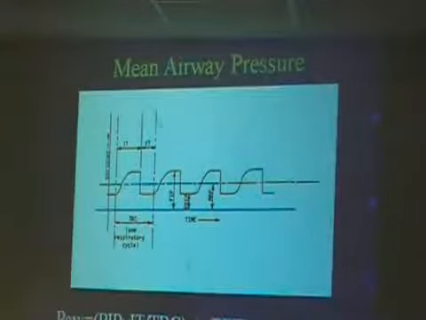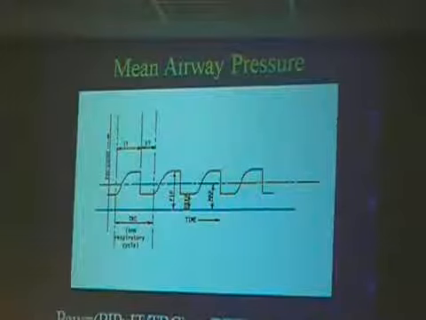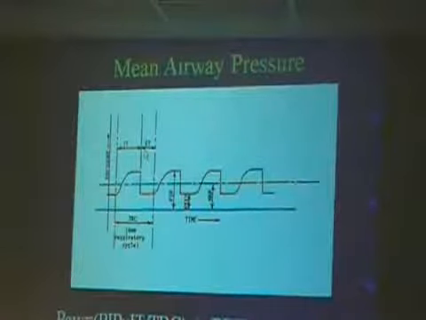The difference between the PEEP and the PIP is the pressure needed to create the tidal volume. We have a certain inspiratory time during which the peak inspiratory pressure is applied. We have a certain expiratory time during which the baby exhales down to PEEP.